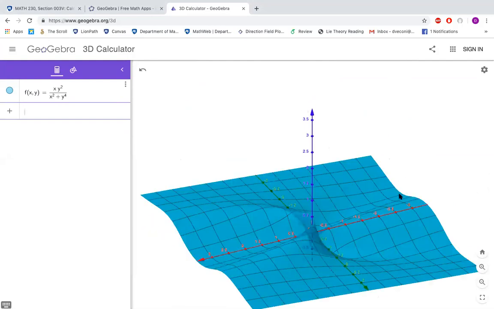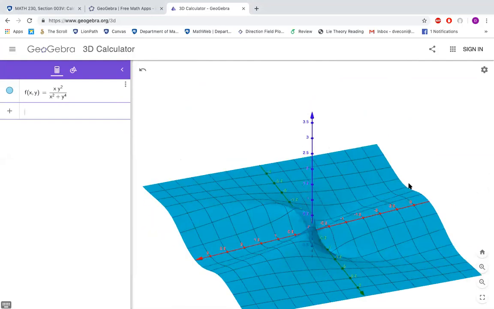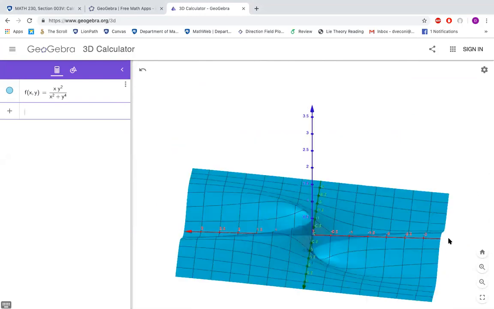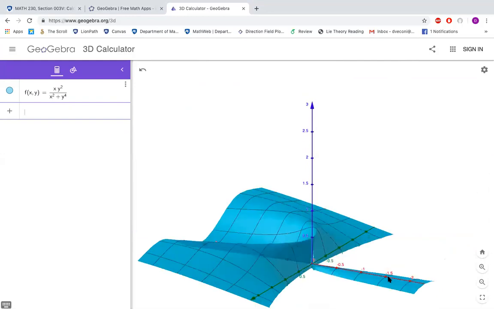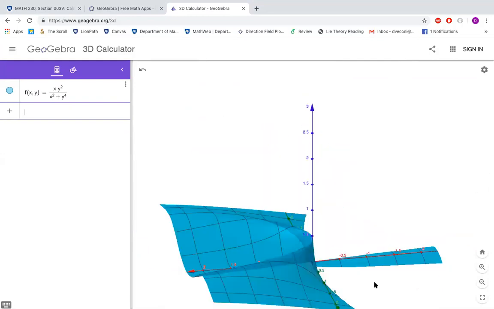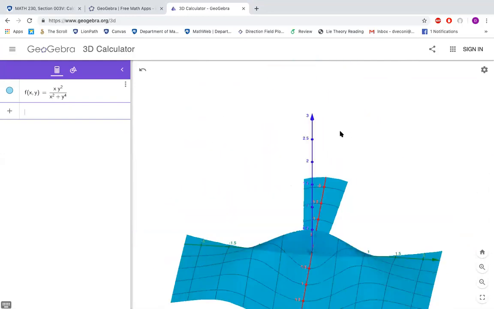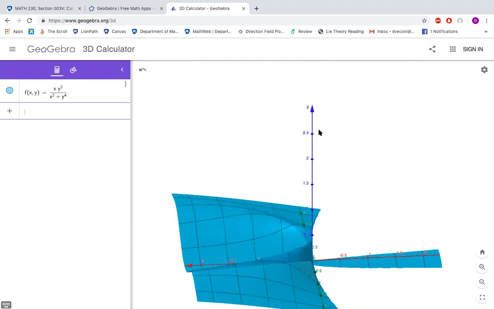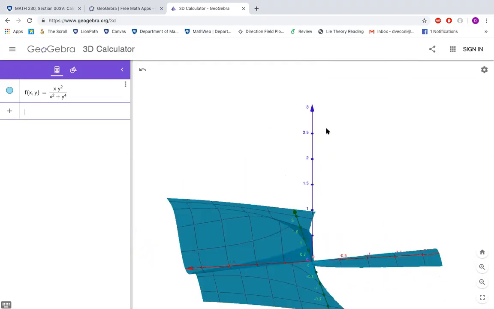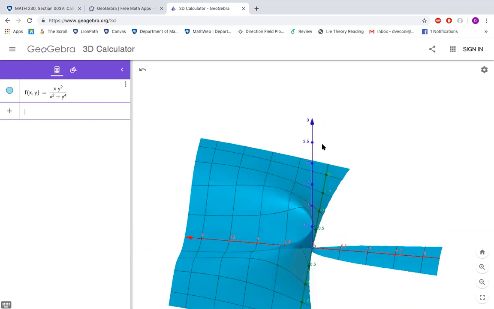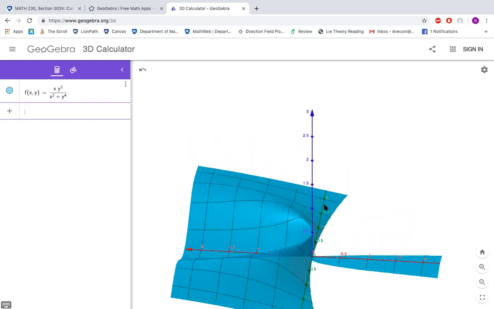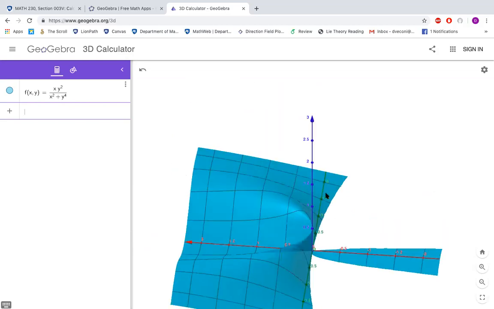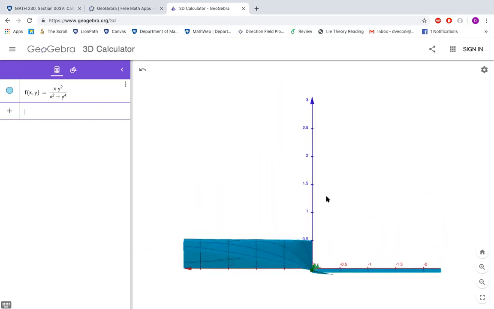And that's a funny looking thing, isn't it? But what do you notice? Well, let's really zoom in here. If you really zoom in and you are going down the x-axis, and you get over this ridge, then you very quickly plummet down right to 0.